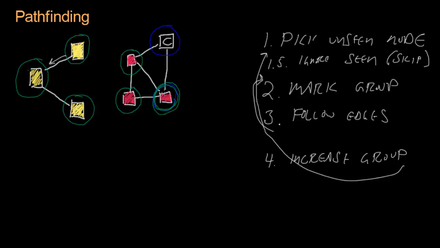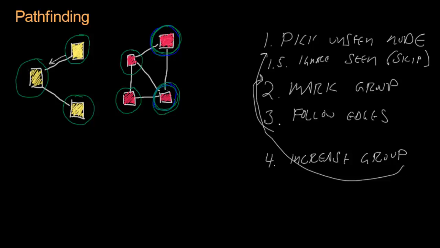We're going to come back here and follow the only other edge coming out, which was this blue node that we were going to look at anyway. So this is now our current node, and we mark it as being part of our group. And now every edge coming out from this node points to a node that we've already looked at, has already been colored in with a group.